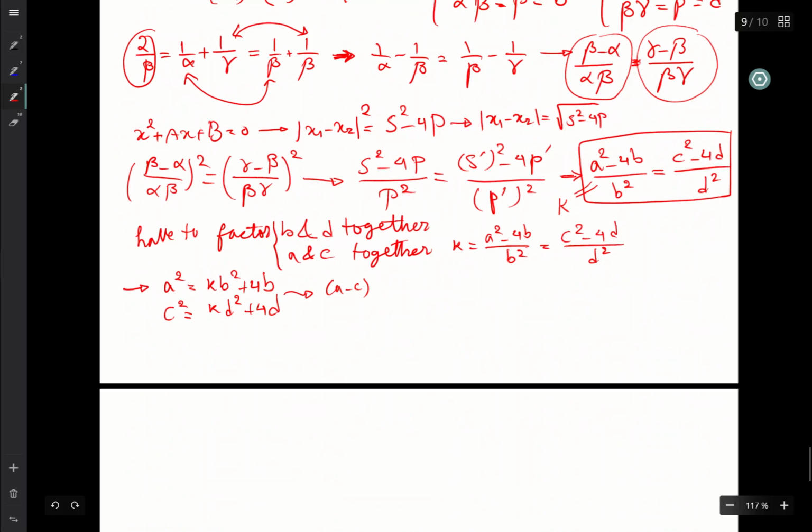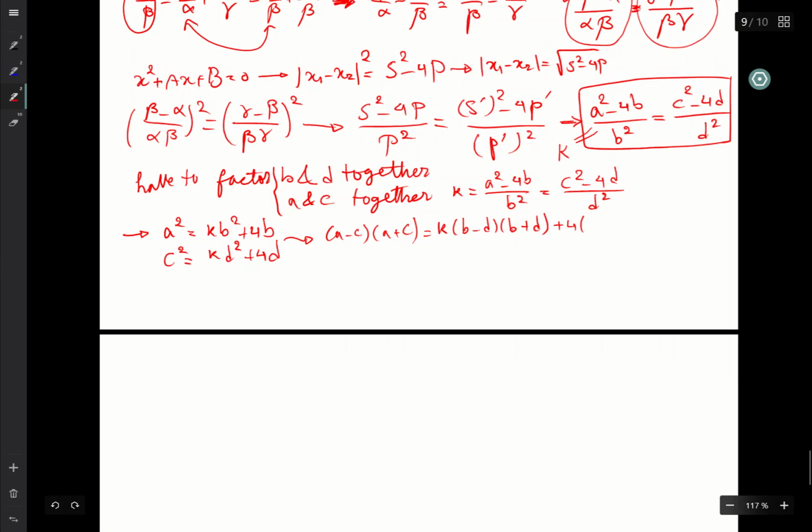So a squared minus c squared, I'm subtracting the sides, right, is equal to k b squared minus d squared plus 4b minus d.